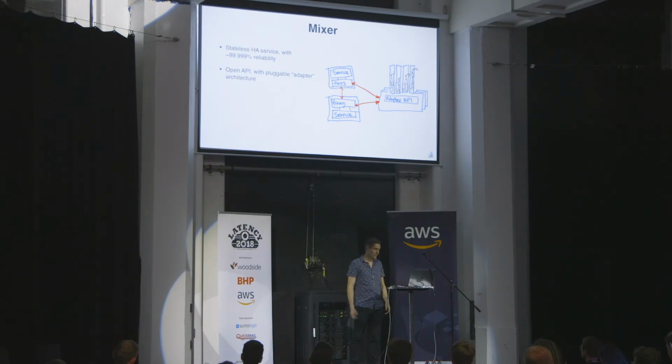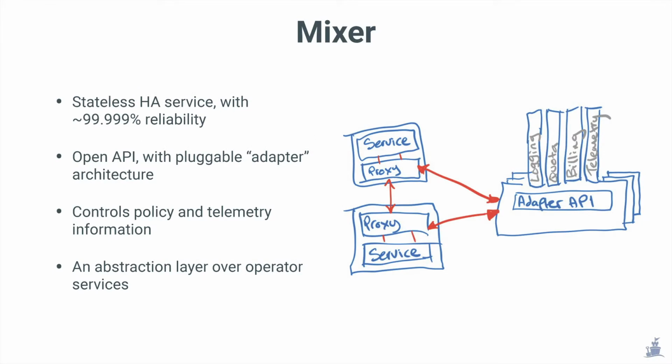It's a part of the Cloud Native Foundation, so there's a lot of different contributors putting work into this project. It controls the policy and telemetry information, and it's an abstract layer that, as I said, wraps around each of the operators or cloud service providers.